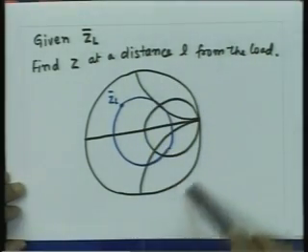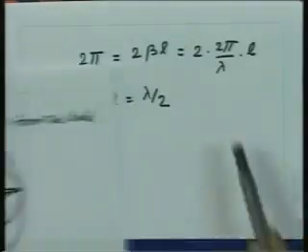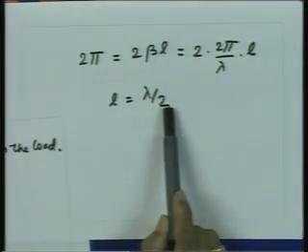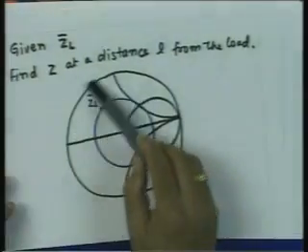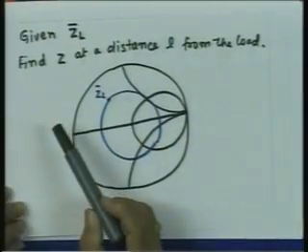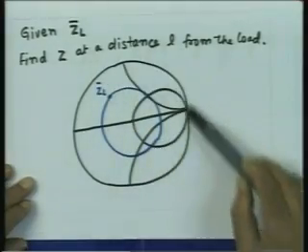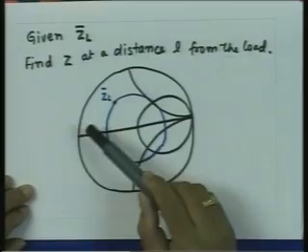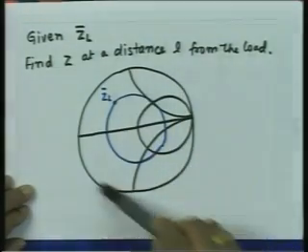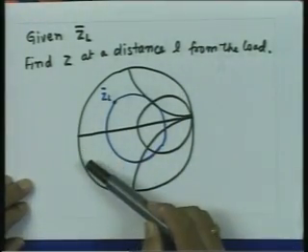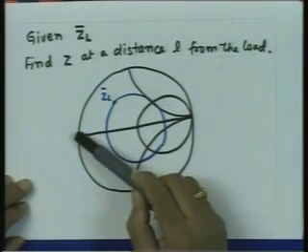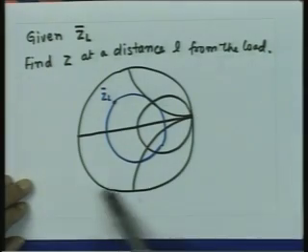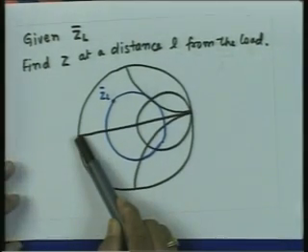So, the angles here, which are the load angle minus 2 beta L, can now be calibrated directly in terms of the wavelength. Generally, we have the outer circle of the Smith chart marked with the wavelengths, with a calibration that one full rotation on the Smith chart is equal to lambda by 2. So, the distance from this point to this point is lambda by 4, and from this point to this point is lambda by 4.